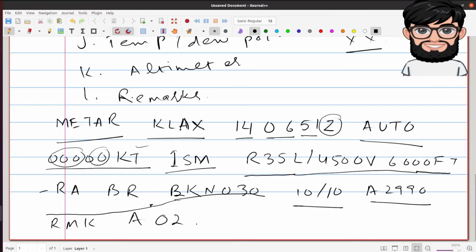This is the altimeter setting, 29.90, and then the remark is that this one is taken using the AO2 sensor.